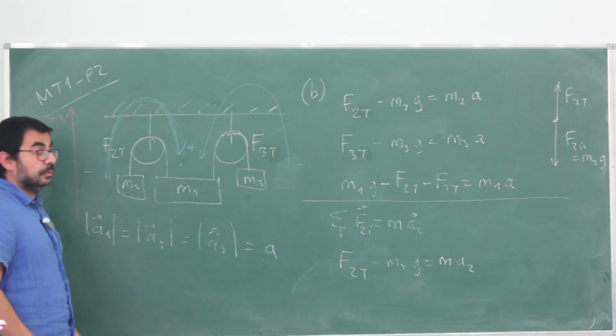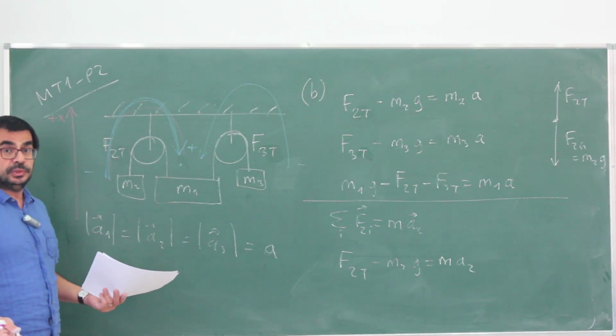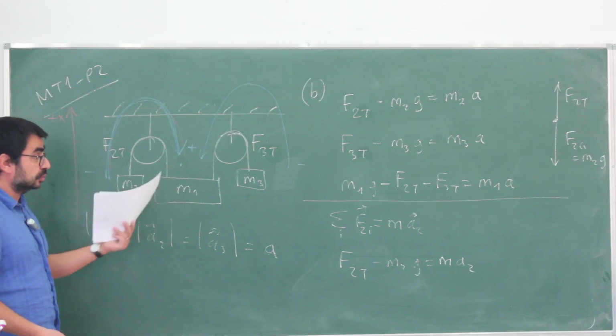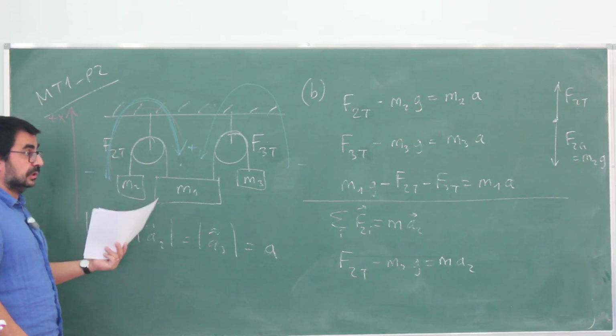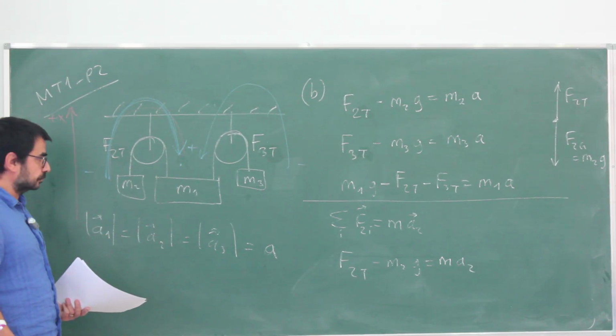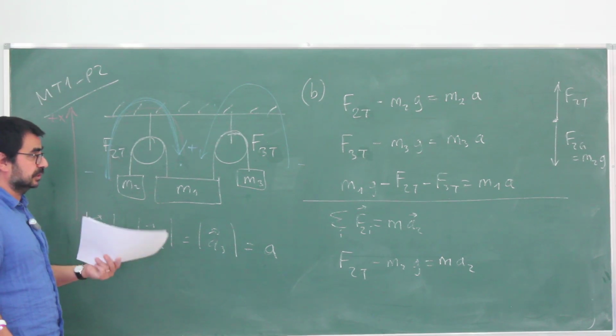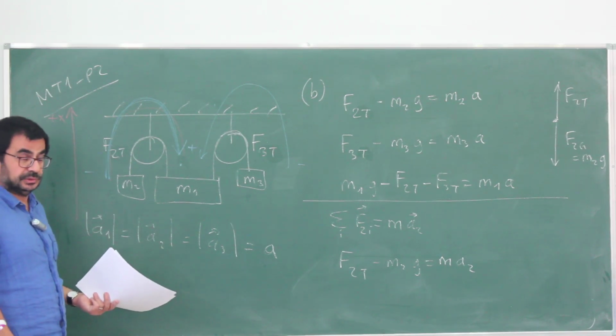Okay? Now, at this point, you don't know if A2 is positive or negative. You're going to solve your equations, and eventually you're going to find whether A2 is positive or negative from the solution of those equations.